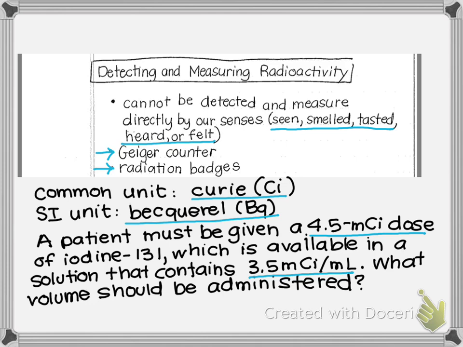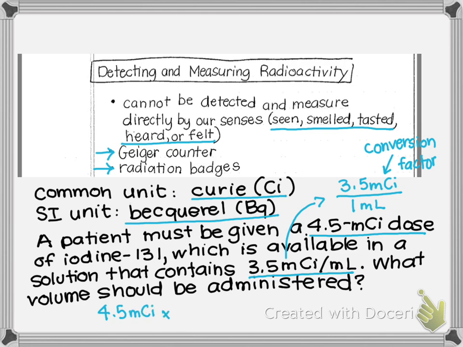Anytime you have a relationship like this where one unit is over the other, so 3.5 millicuries over 1 milliliter, this can be used as a conversion factor. Looks familiar. And so we don't start the problem with the conversion factor, but we think that the person wants the 4.5 millicurie dose, and we know that we have a 3.5 millicurie per milliliter solution.